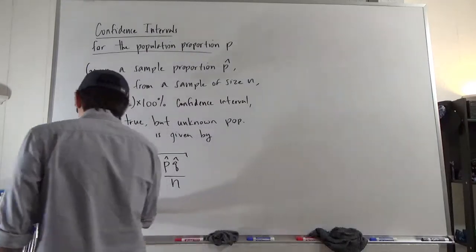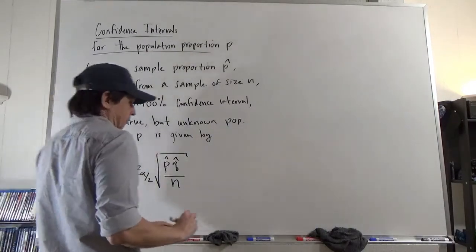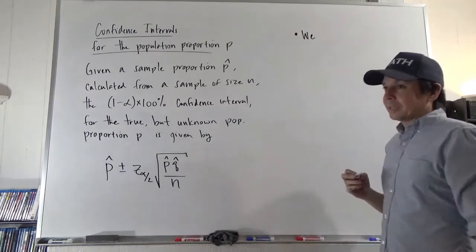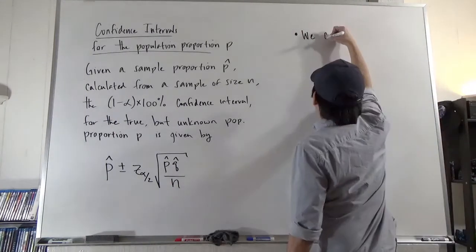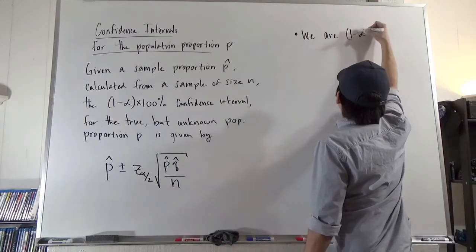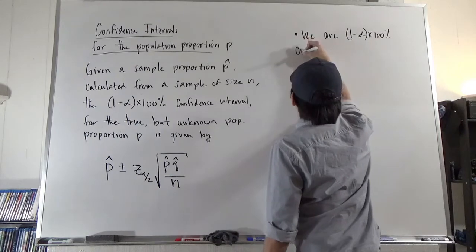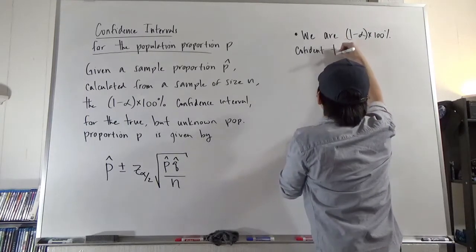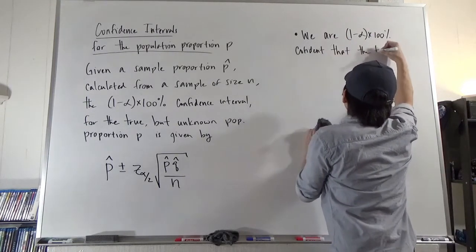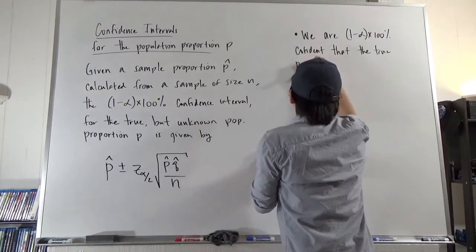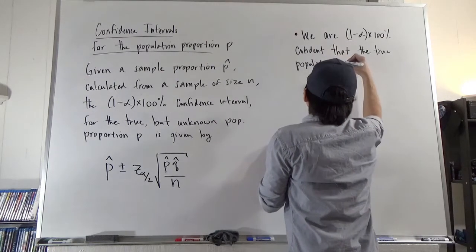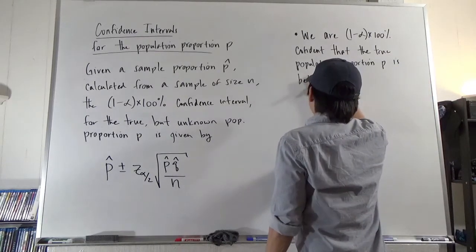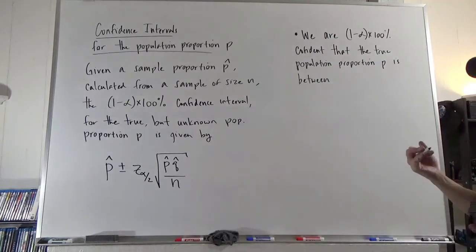And as a bullet point, when I ask you to explain what it is, and we'll see an example of this, your explanation can be, we are blank percent confident that the true population proportion P is between the lower and upper bound that you get by doing this computation.